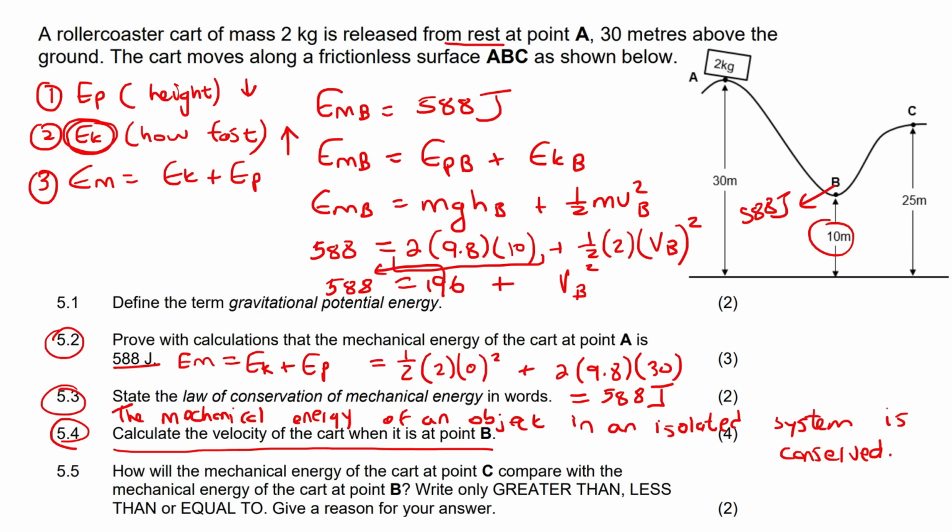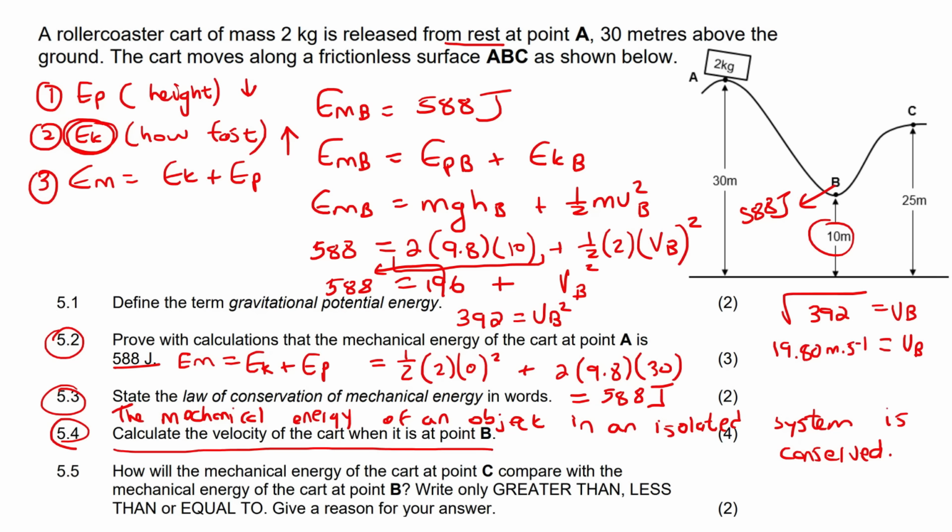So we say 588 minus 196, and that'll give us 392 equals the velocity of B squared. And then to get velocity of B by itself, you take the square root of 392. And so the velocity of B will be 19.799. If you round to 2 decimal places, it'll be 19.80 meters per second.